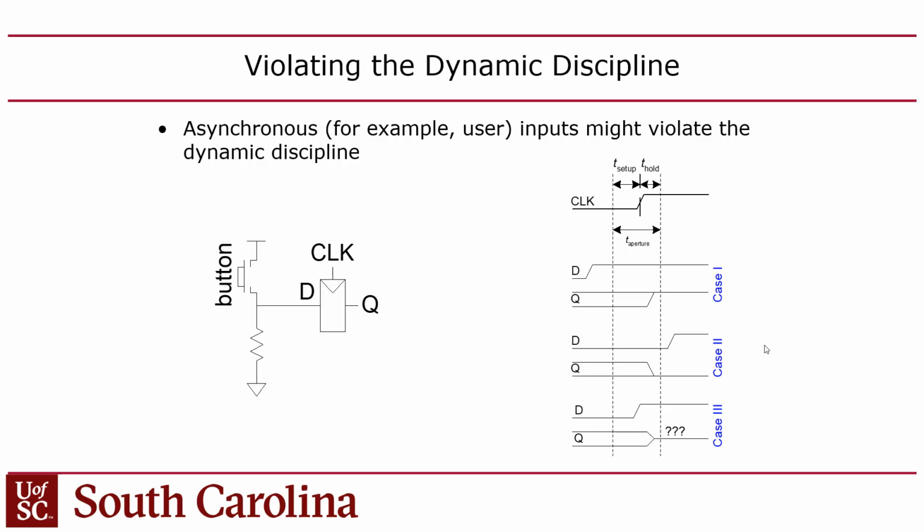If you change the input to a flip-flop during the aperture time, the flip-flop will go into a state called metastability. What it'll do is the voltage coming out of the Q output will go into the forbidden zone. The forbidden zone is between ground and VDD. It's supposed to be 0 or 1, but it'll be between 0 and 1, right?